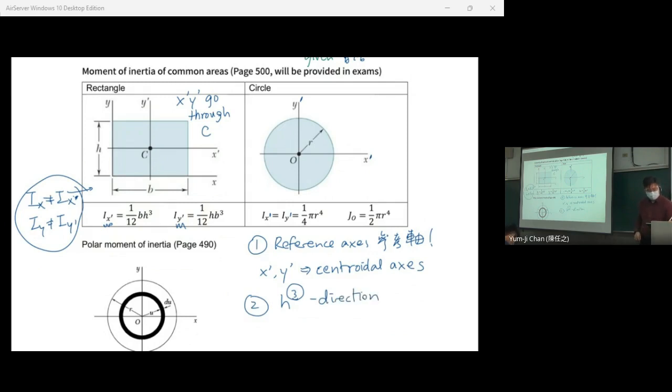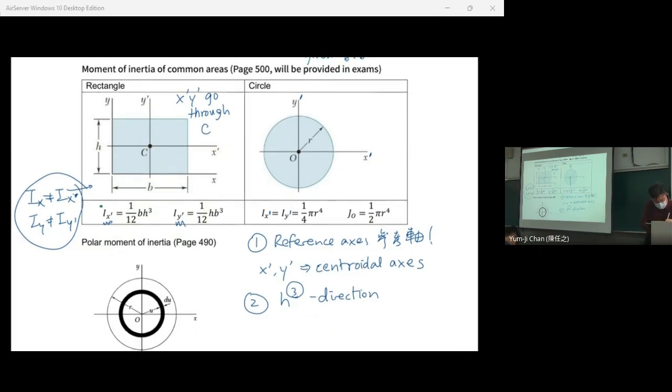For Ix prime, the reference axis is x prime.